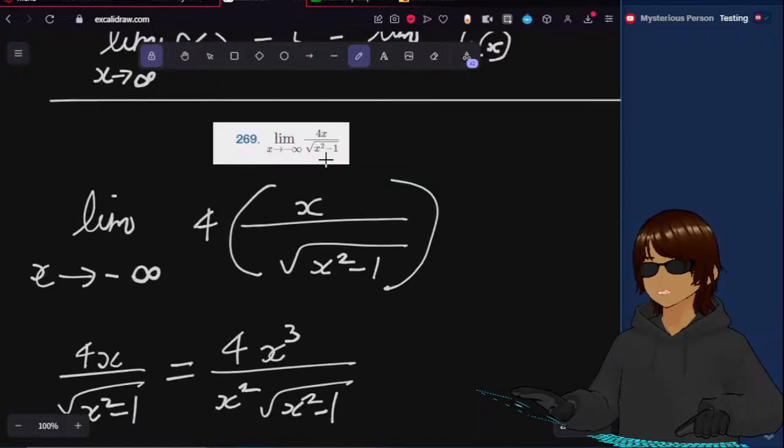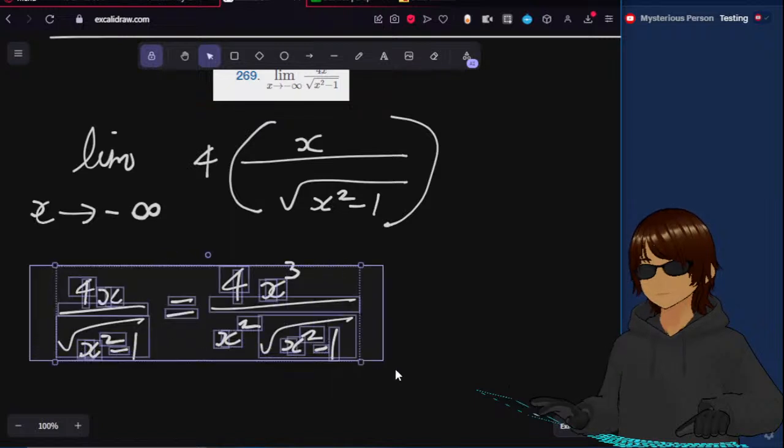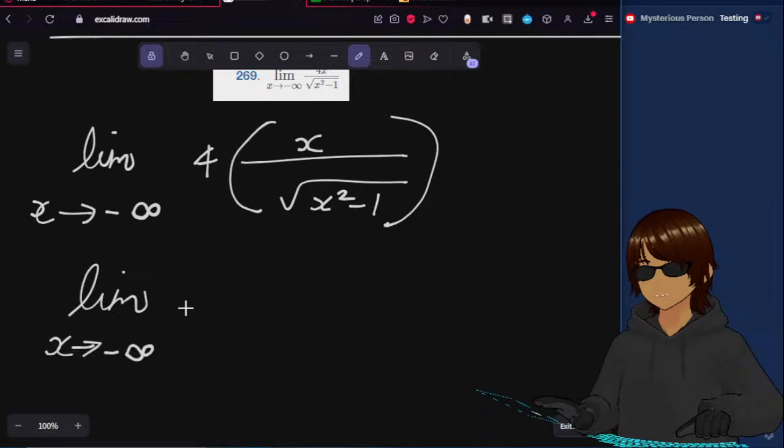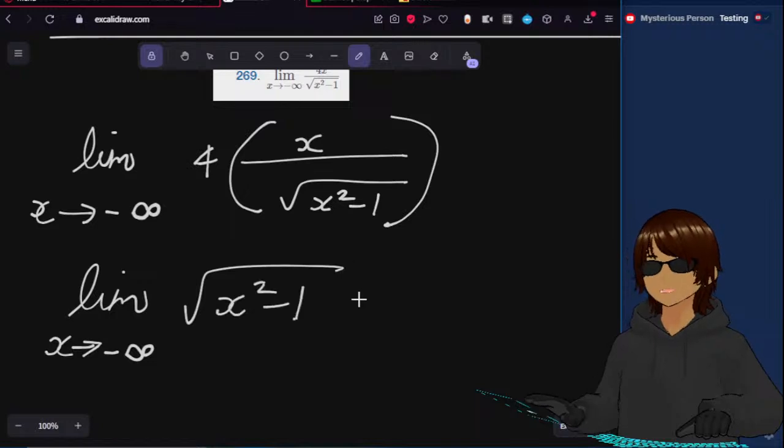So what I was thinking, this -1 would be insignificant for very large numbers. Right. If x is very large, the -1 would become insignificant.